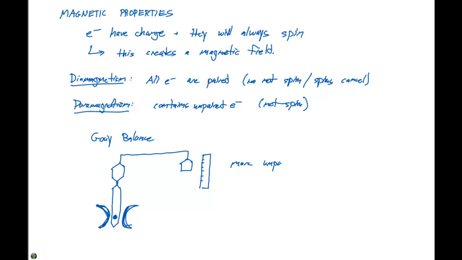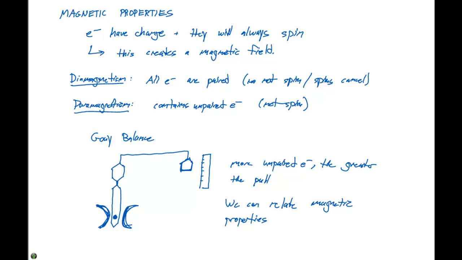So the more unpaired electrons, the greater the pull, and the more that this particular mass is going to displace. So we can relate magnetic properties to orbital block diagrams.